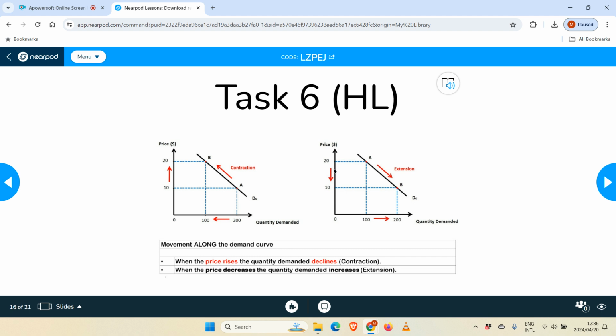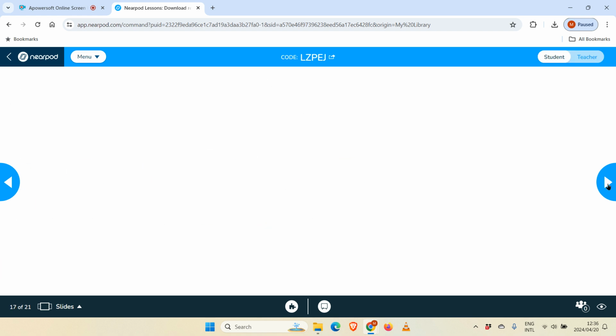Similarly, when prices decrease, there is an increase in quantity demanded, and that is known as an extension of demand. So this again helps students understand the law of demand, and that there is a negative relationship between price and quantity demanded.